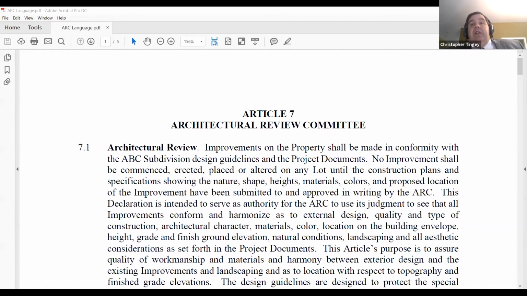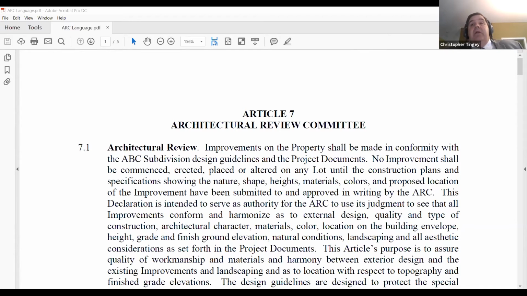And they submit it. Now, most sets of documents, and I've skipped down in this language, will say something like, the ARC shall consider and shall look at it.